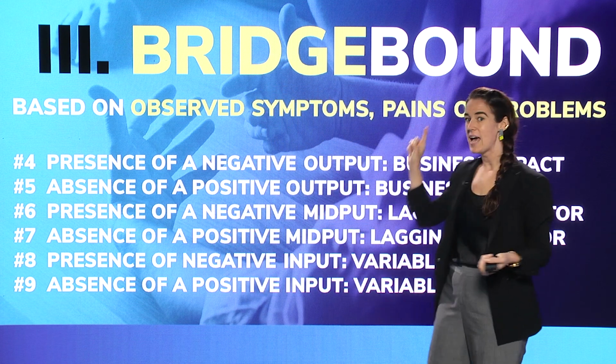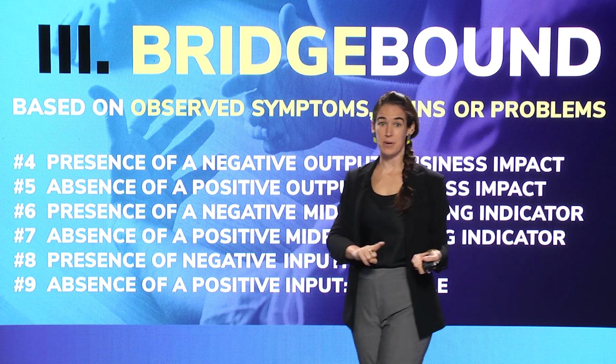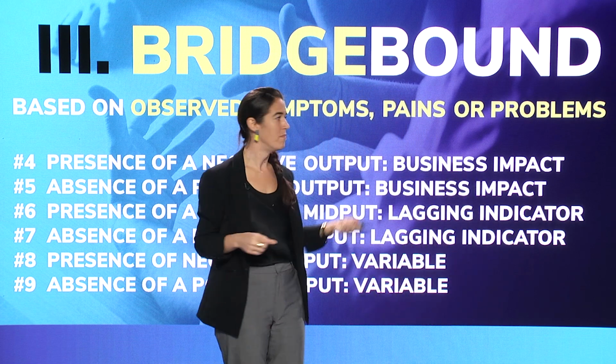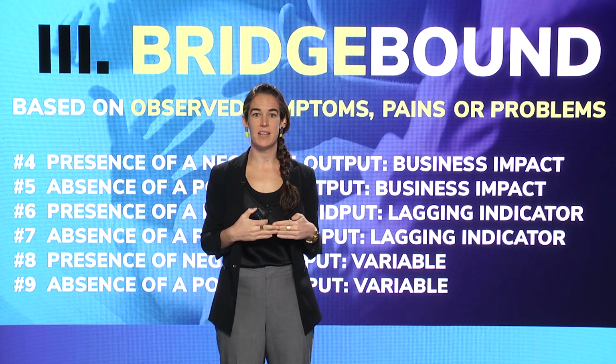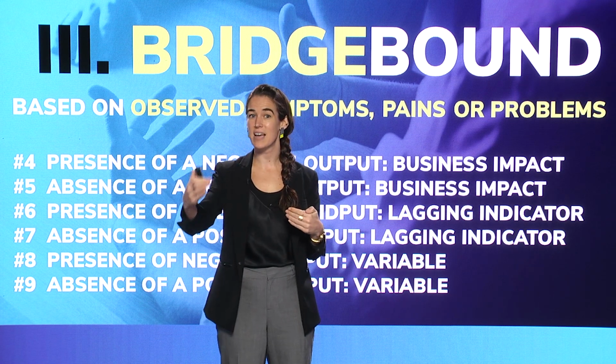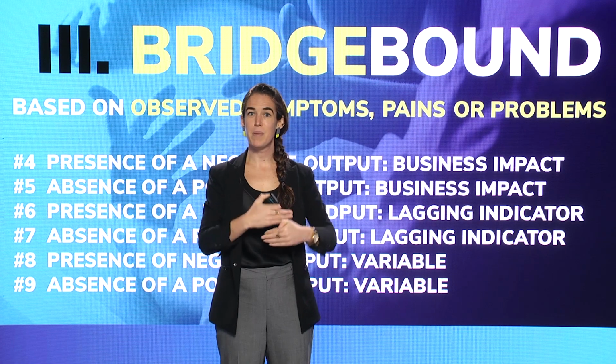Number 5 is the absence of a positive output, in terms of business impact. There are certain scenarios where you can say there's no presence of a negative output. But typically when people are doing very well, they're vocal about it. So there is no positive output on the market that I'm seeing.